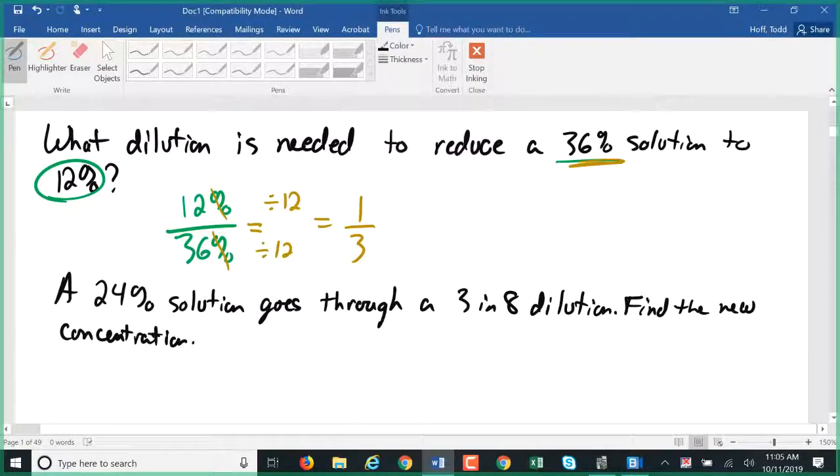So here we have a 3 in 8 dilution. 24% is the old percent that goes on the bottom. Cross multiply and divide: 3 times 24 divided by 8 gives us the percent. The new solution is 9%. Any questions here?